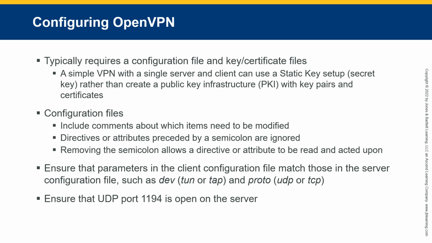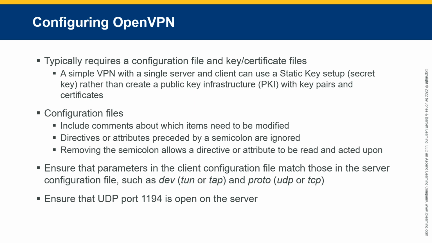We also have the configuration files that are going to be needed, and these include the comments of what needs to be modified. Directives or attributes that are preceded with the semicolon are ignored, like comments. If you ever do C programming, in C you do an asterisk slash for a comment.